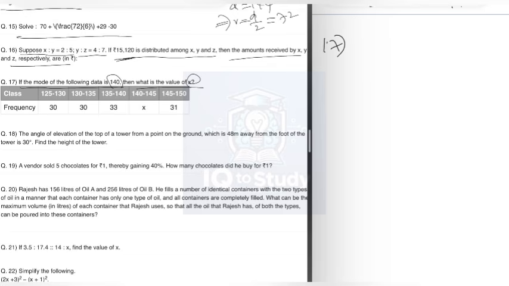We know that mode is equal to L plus f1 minus f0 by 2f1 minus f0 minus f2 into h.